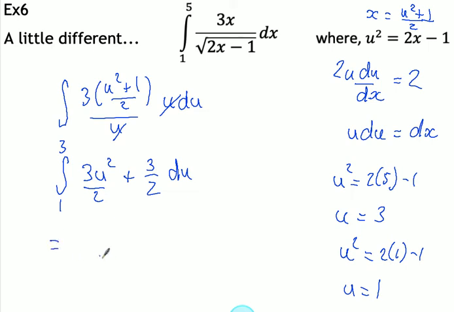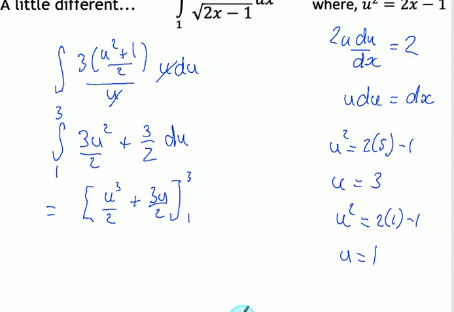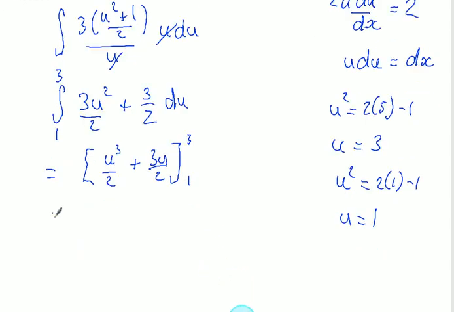So it's going to be u cubed over 2 plus 3u over 2 between the limits of 3 and 1. Substitute these in.